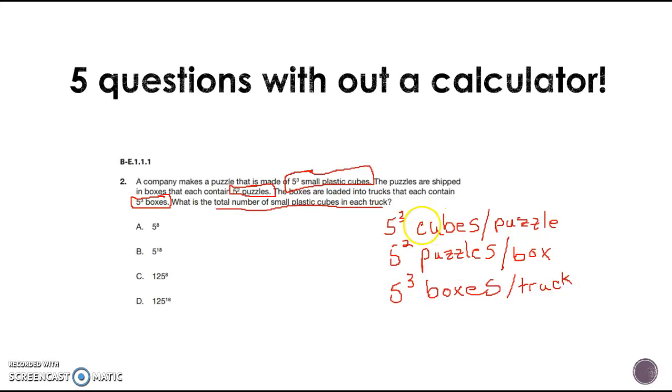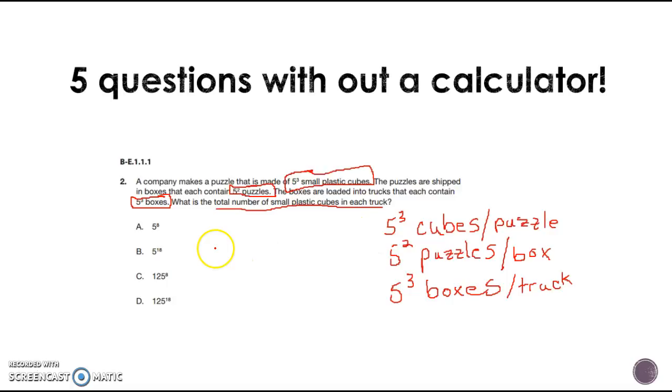All right, so what we've got to do is multiply each of these numbers. Now, since we're not using a calculator, this is where you've got to remember your exponent rules. And remember, exponents are shortcuts for multiplying many, many times.